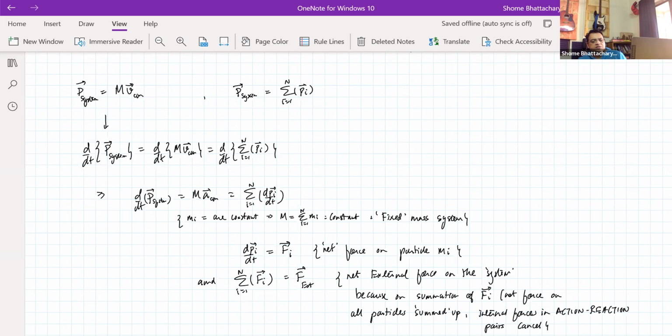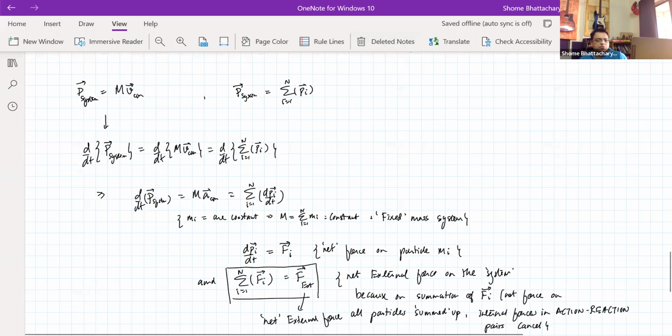So that is why summation of all forces just equals the net external force. Okay, so just write down up to here first, then we'll discuss.